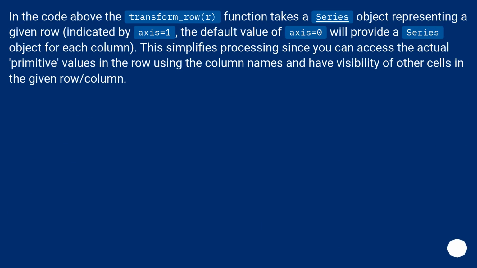In the code above the transform_row function takes a series object representing a given row, indicated by axis equals 1. The default value of axis equals 0 will provide a series object for each column. This simplifies processing since you can access the actual primitive values in the row using the column names and have visibility of other cells in the given row/column.